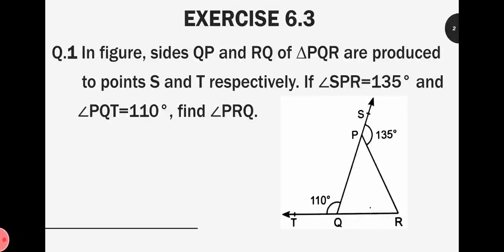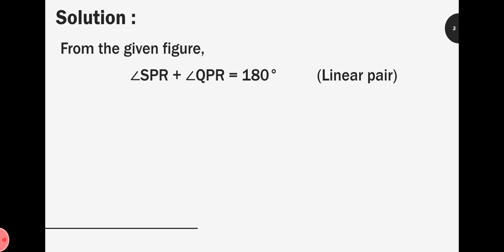Now for the solution, from the figure it is given that angle SPR plus angle QPR equals 180 degrees by the linear pair axiom, because they make a linear pair of angles.